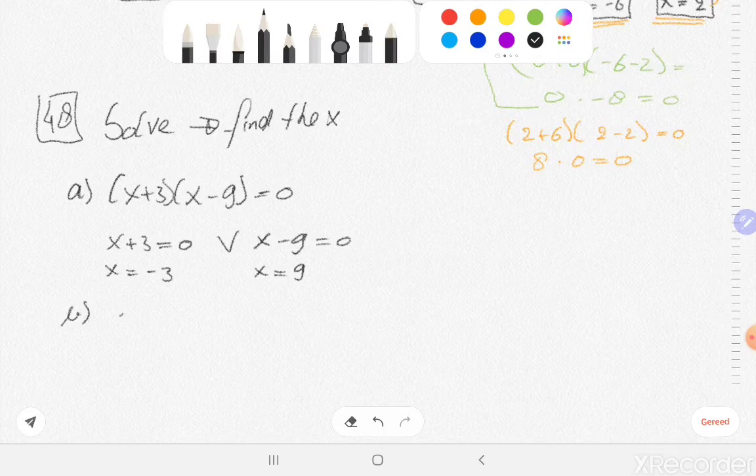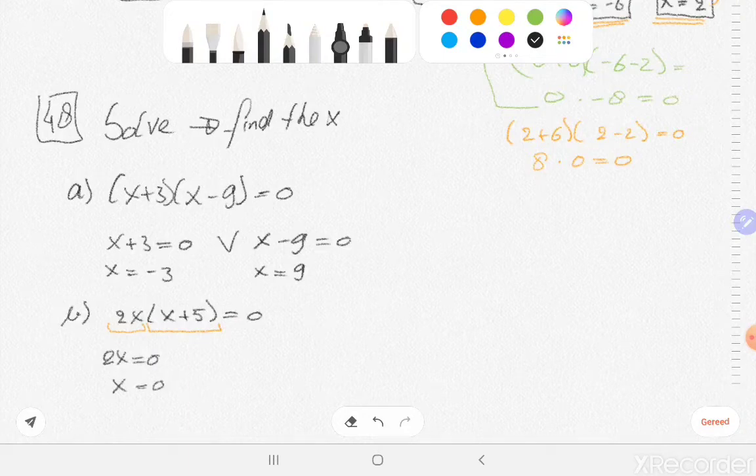B: 2x times x plus 5 is equal to 0. Right here, this part needs to be 0, or that part needs to be 0. So 2x needs to be 0, so x is 0, or x plus 5 is equal to 0, so x is minus 5. There you go.